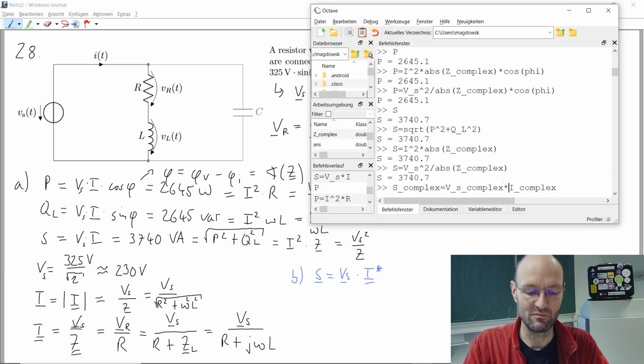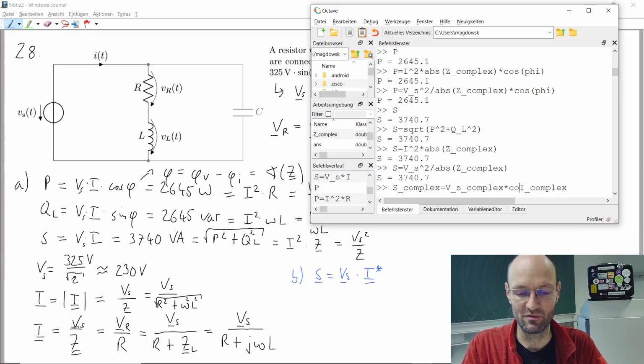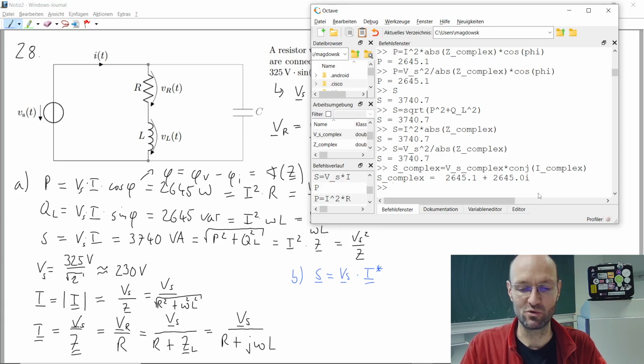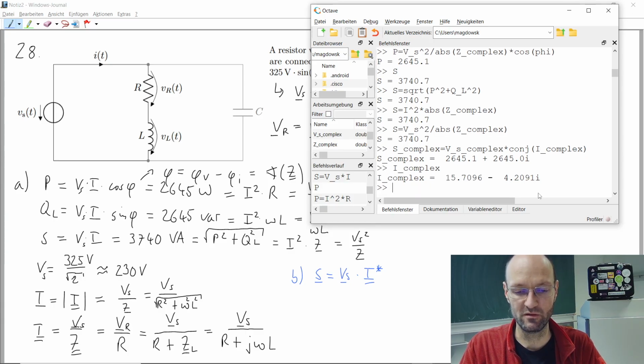I could do this somehow by hand, but I will just use this function that is called conj for the complex conjugate. Maybe we can try out the function. So this was the complex current.